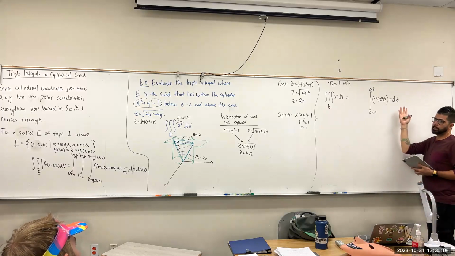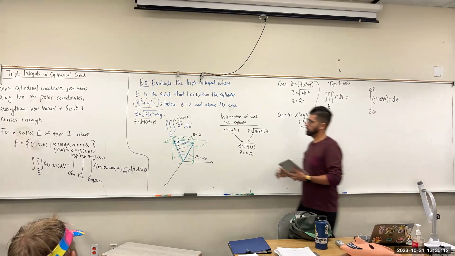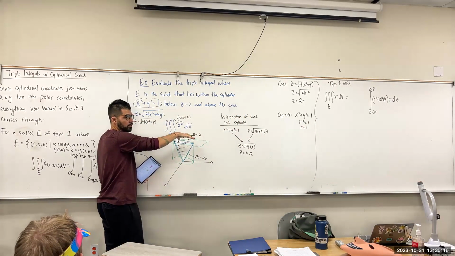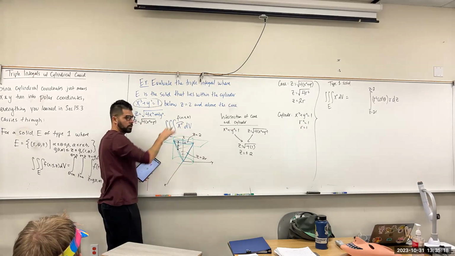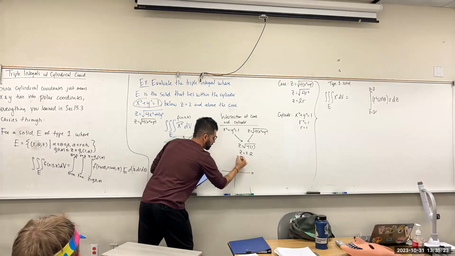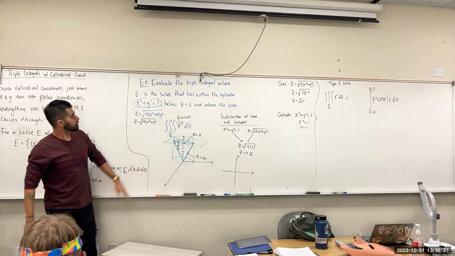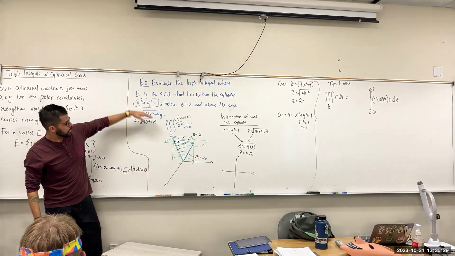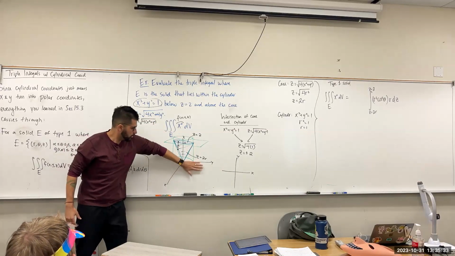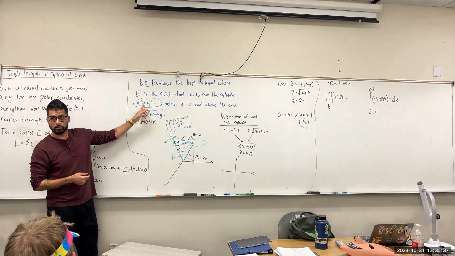Okay, I need to do the r's and the thetas now. Since I bounded by z first, what do we do to the solid? It's going to be projected onto the XY plane. If you project it to the XY plane, what shape do you see? The circle of the actual cylinder, right?